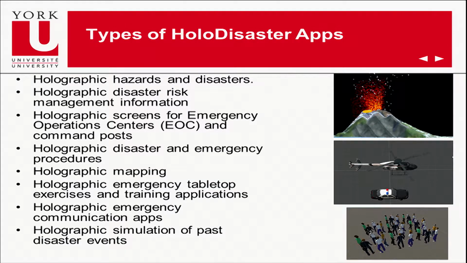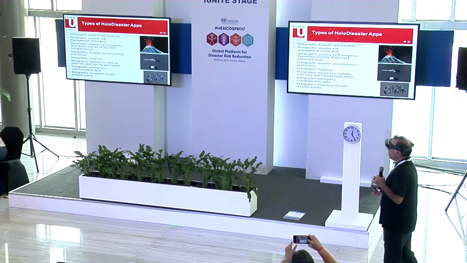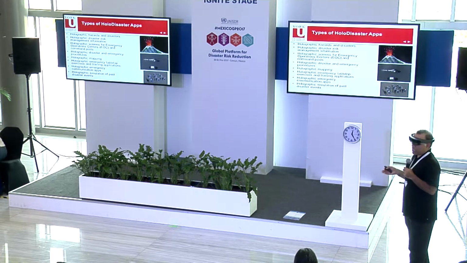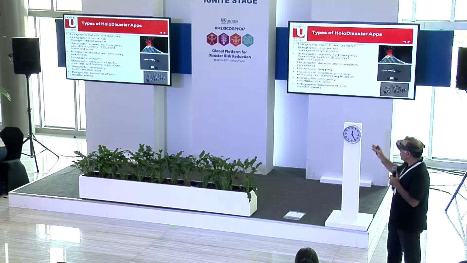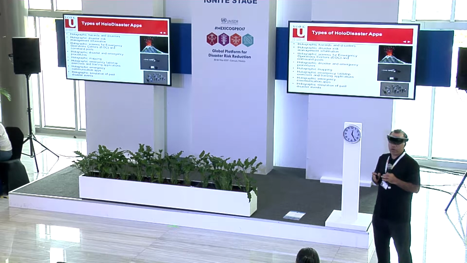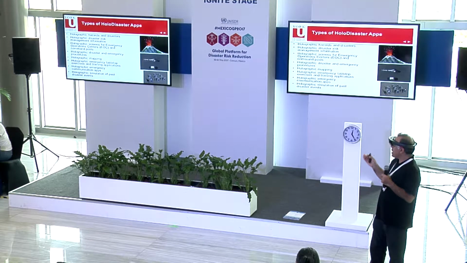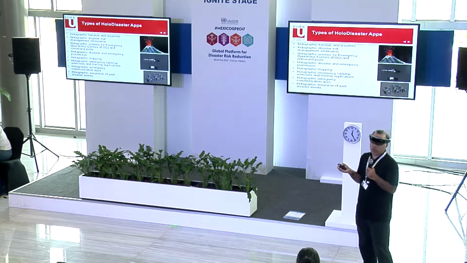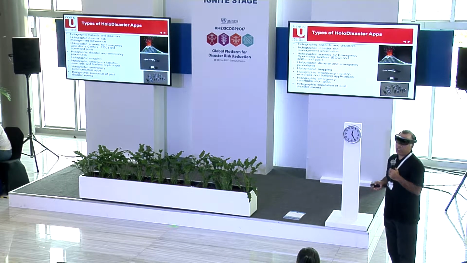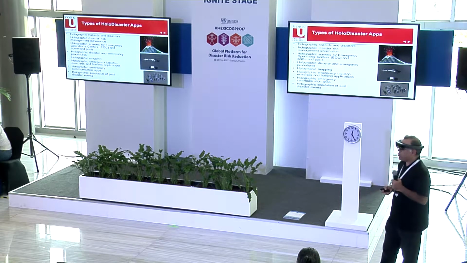Now, when I'm talking about using HoloLens in disaster and emergency management, basically we are talking about a whole range of applications. And some of these we are already experimenting with. And I'm going to just show you some of the examples, not too many because of the time, but you can basically use holographic and HoloLens to create holographic hazards or disasters, like, for example, creating a volcanic eruption and experiment that using HoloLens.